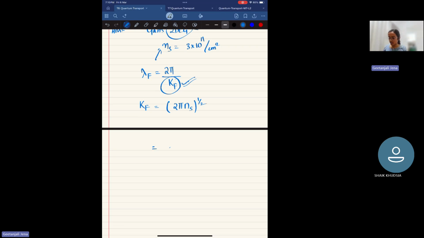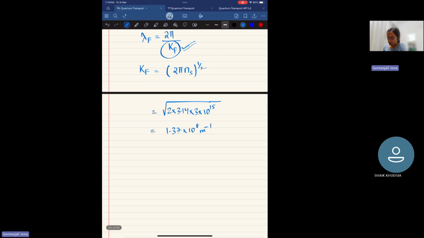So let us calculate it. Square root of 2 pi times 3 times 10 to the 11 per centimeter square gives 10 to the 15 per meter square, and this will be 1.37 times 10 to the 8 meter inverse.